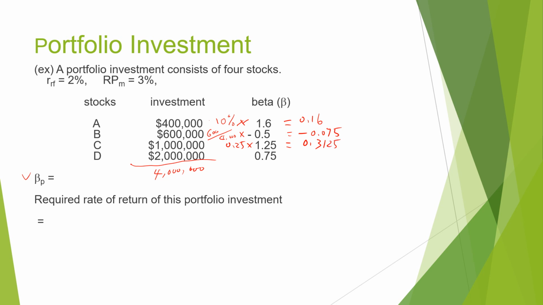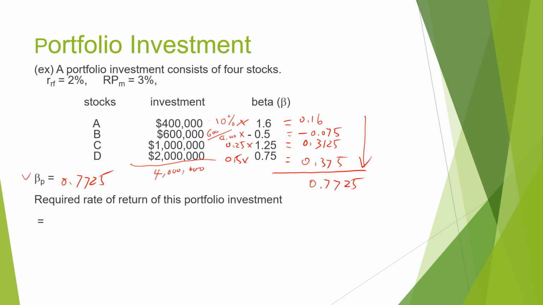And then 2 million over 4 million, that's half, right? That's a half times 0.75, and then we add them up. Okay, so portfolio beta is 0.7725, right?